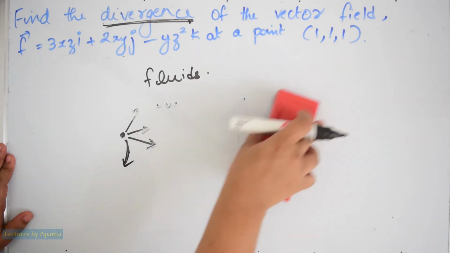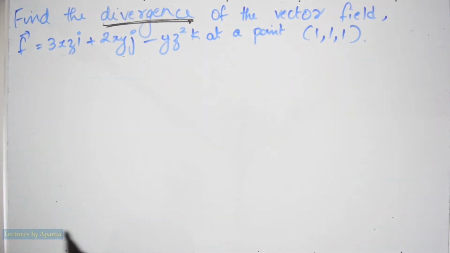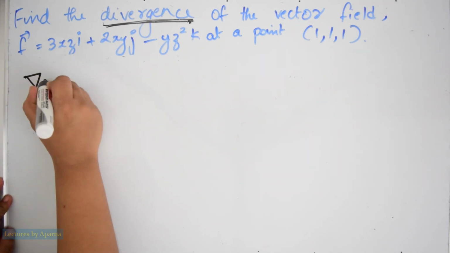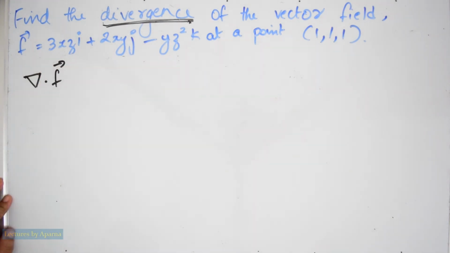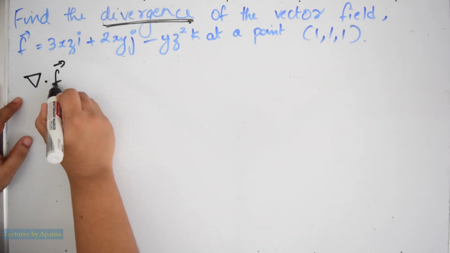Now we have to write it mathematically. What is divergence in the mathematical concept? Divergence is del dot f. This is the vector field f.